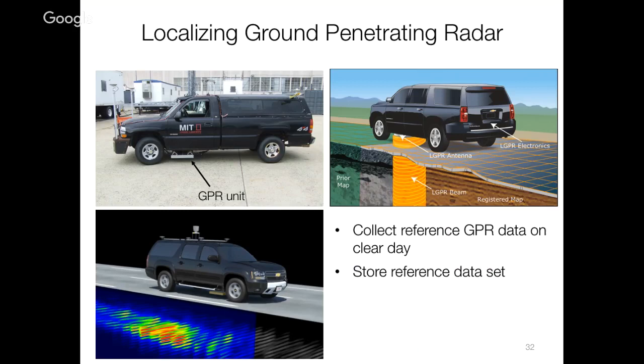Well, that's interesting. I'm sure with all these technologies, maybe they've done something. But in what I'm going to show you, they basically do the following. They come over and collect a reference data set, which is stored. Then you drive over again, collect another data set, and cross-reference it with the first to find out where you are.